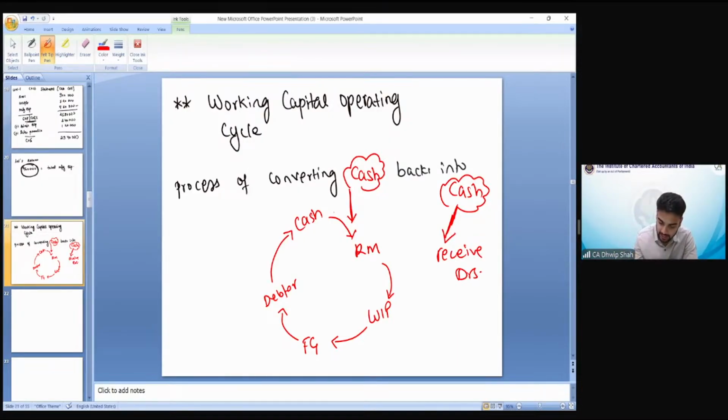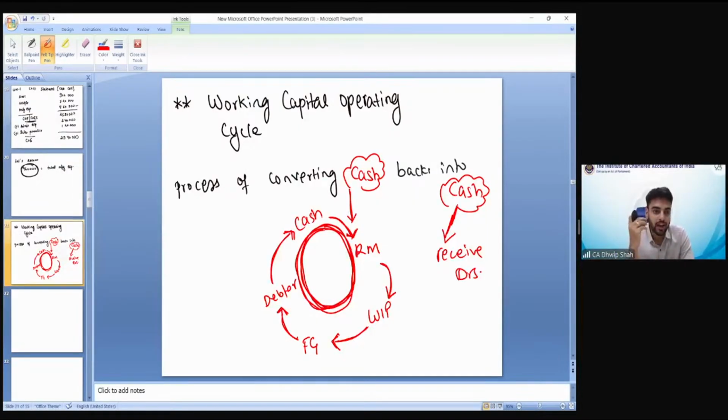This entire cycle starting from cash that we use to buy raw materials. रॉ मटेरियल्स खरीदने के बाद प्रोसेस में डाला, प्रोसेस से फिनिश गुड्स बना, फिनिश गुड्स से आई सोल्ड इट टू माय कस्टमर्स, कस्टमर्स ने पैसा दिया. सो दिस एंटायर साइकिल गोज ऑन एंड ऑन टिल द बिजनेस इज ऑन. एंड दिस एंटायर साइकिल, दिस एंटायर रोटेशन इज कॉल्ड वर्किंग कैपिटल ऑपरेटिंग साइकिल. ठीक है.